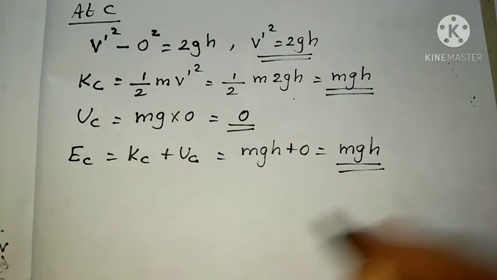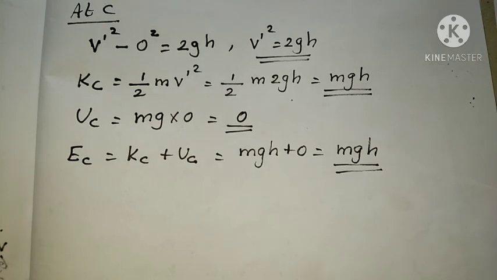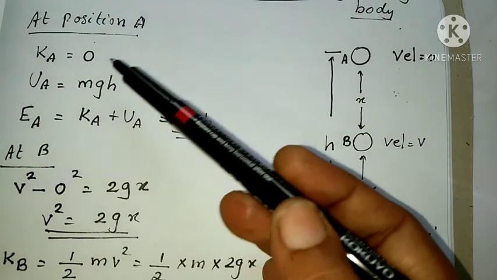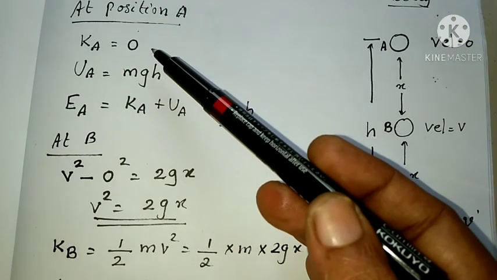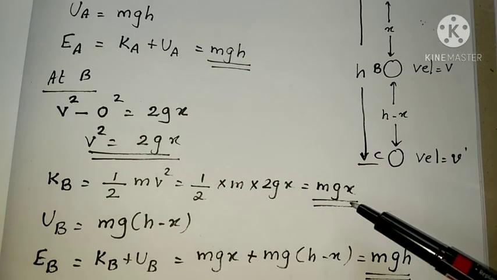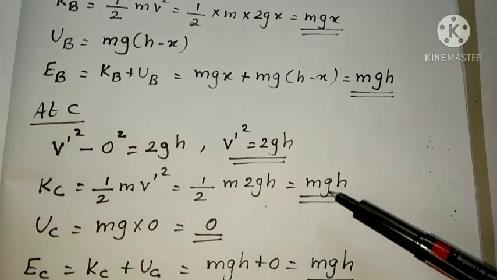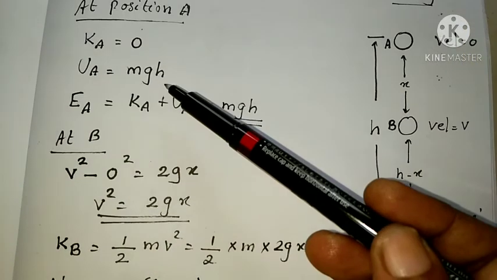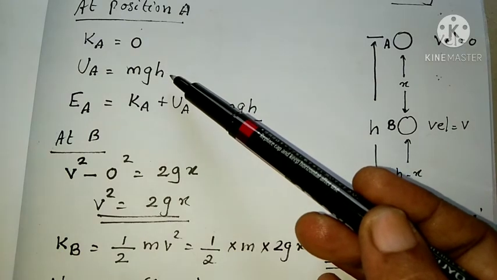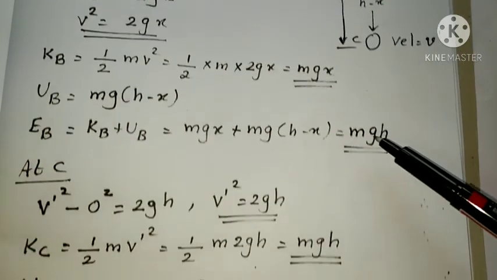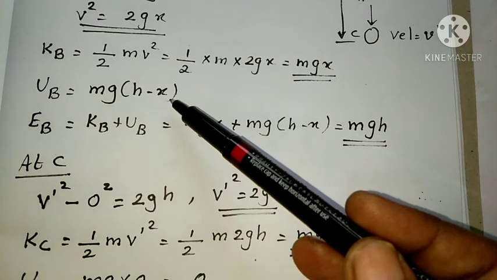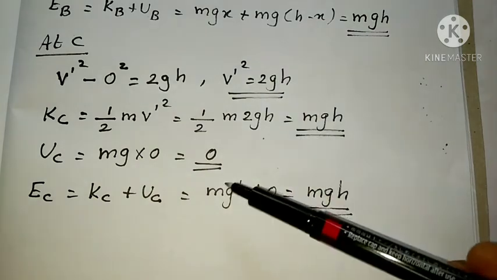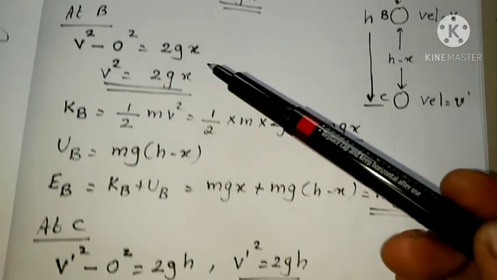Clear? So when you observe this, you can find that in the first case, the kinetic energy at point A is 0. Then at point B, kinetic energy increases. Then at point C, kinetic energy is maximum. Then what happens to the potential energy? Potential energy is mgh, maximum. Then potential energy decreases to mg into (h minus x). Then potential energy becomes 0 at C. What is the total mechanical energy?